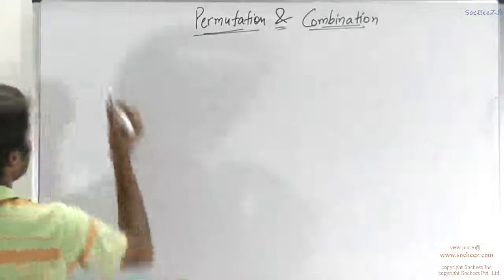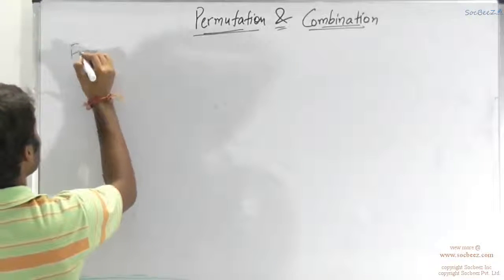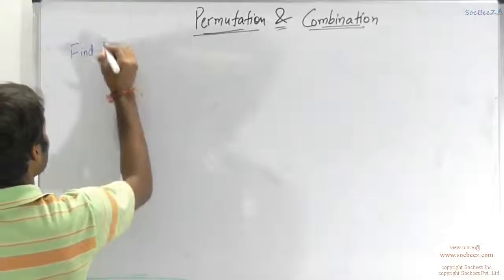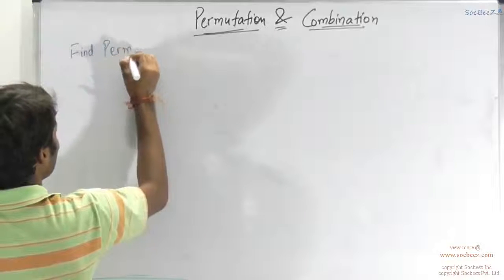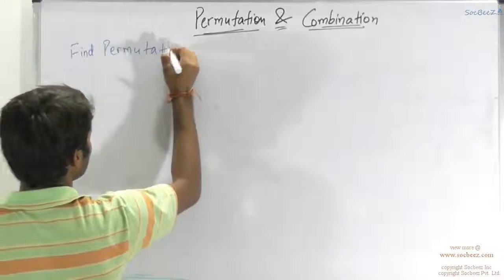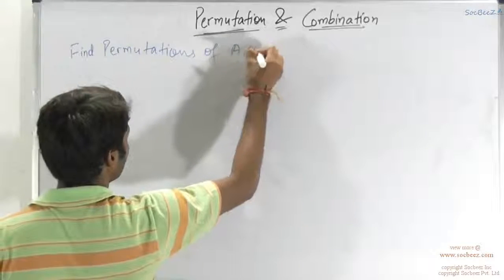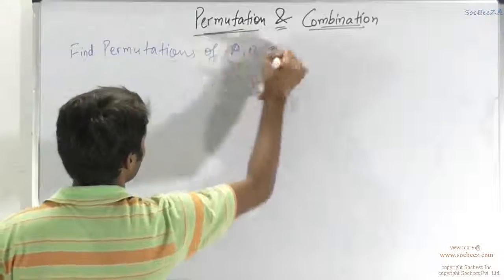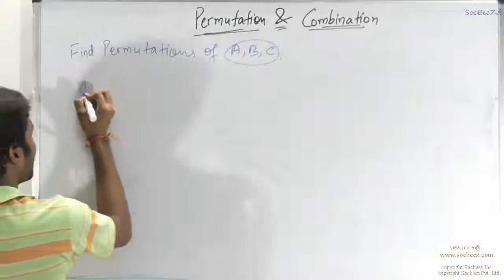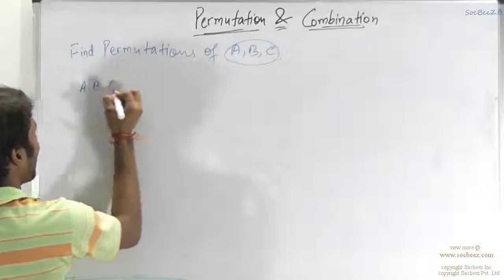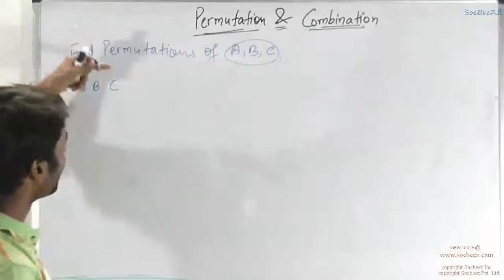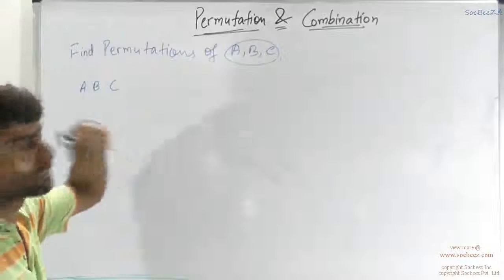So if I say find permutations of A, B, C, what I mean by this is find all the ways in which A, B, C can be arranged in a row.